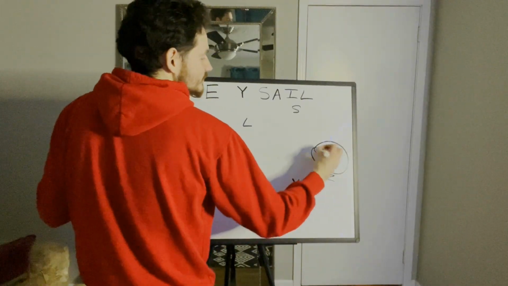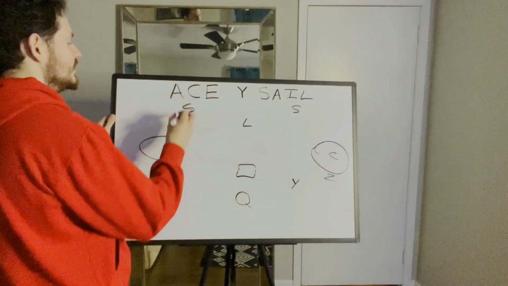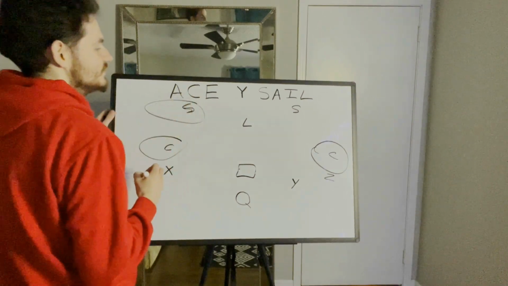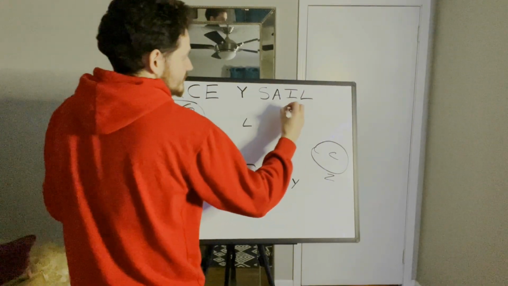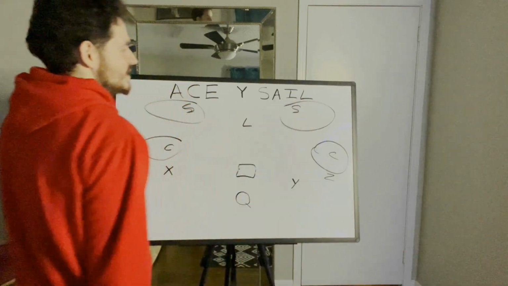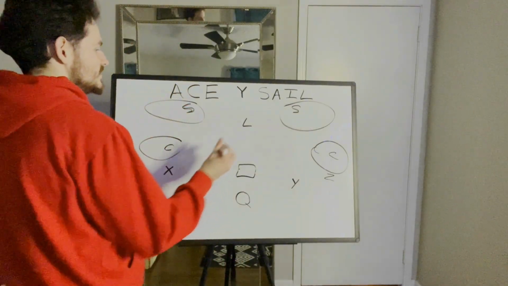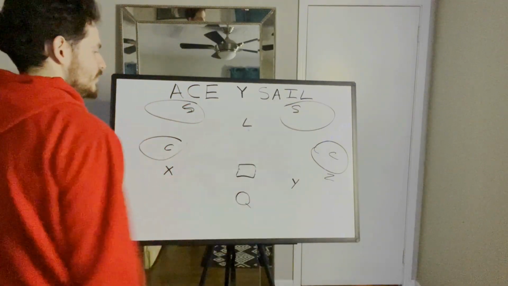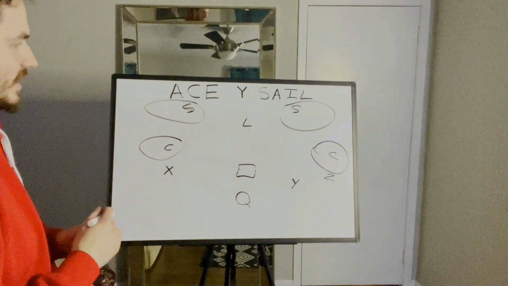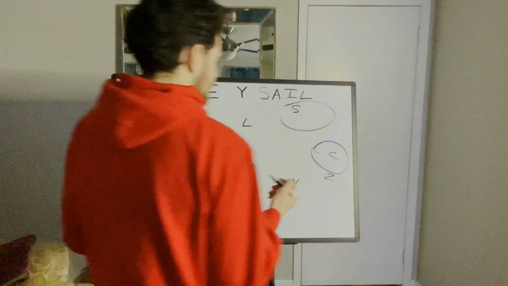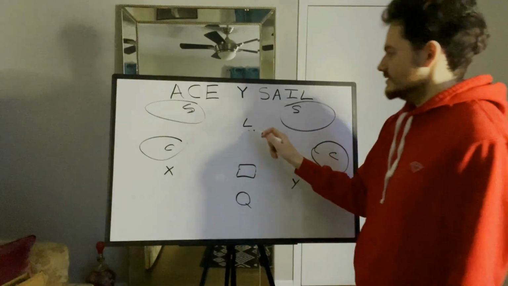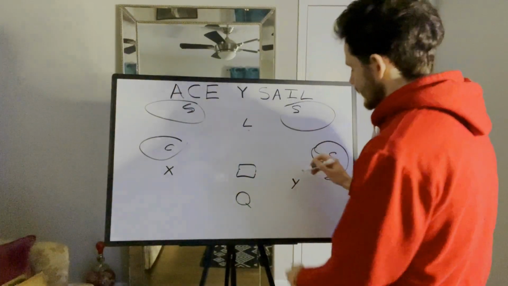The right corner takes the right flat. The left safety takes the left half, and the right safety takes the right half. This linebacker is going to be the wild card, and we're going to get into whether he goes into zone or decides to blitz.